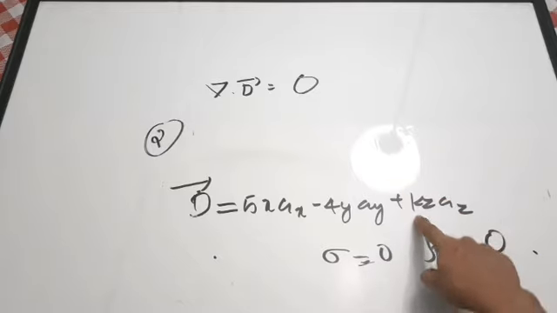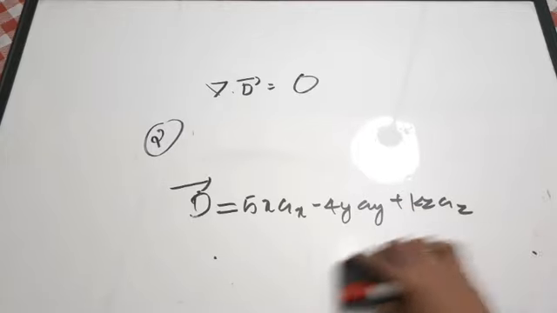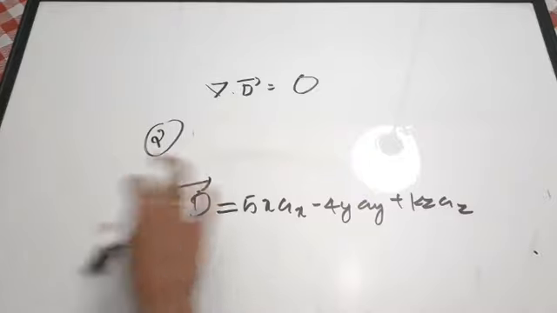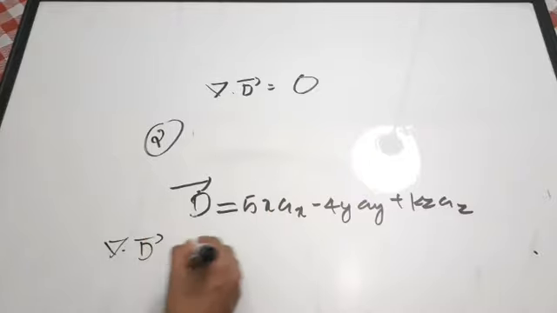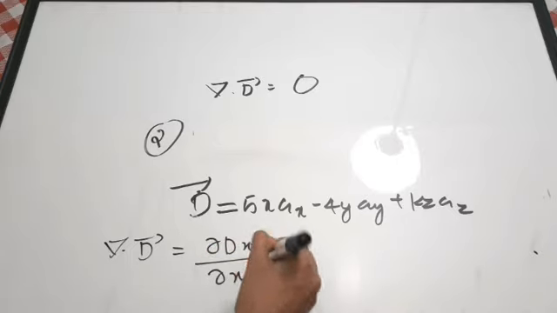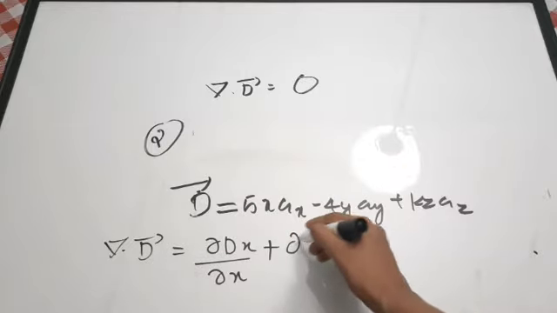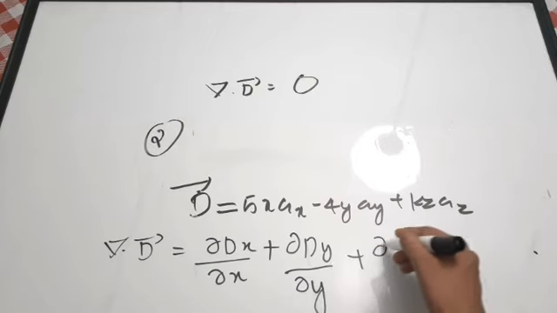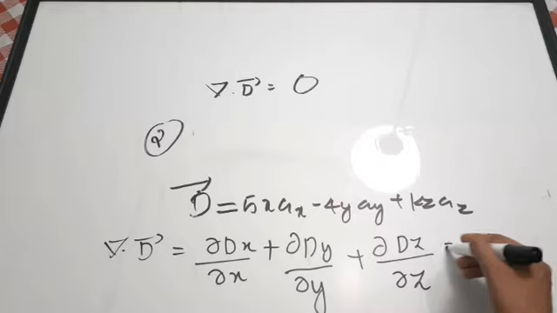You will be getting the value of this K. So I am going to take the del dot of this D vector. So del dot D, I am going to evaluate dou Dx by dou x plus dou Dy by dou y plus dou Dz by dou z equal to 0.